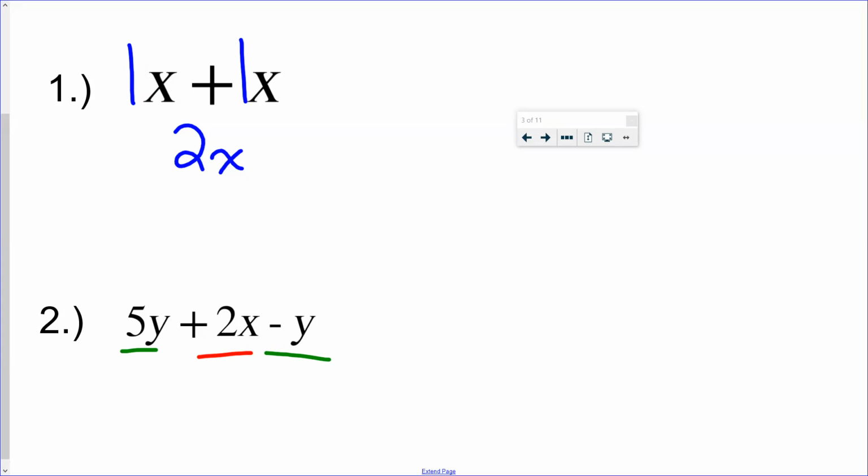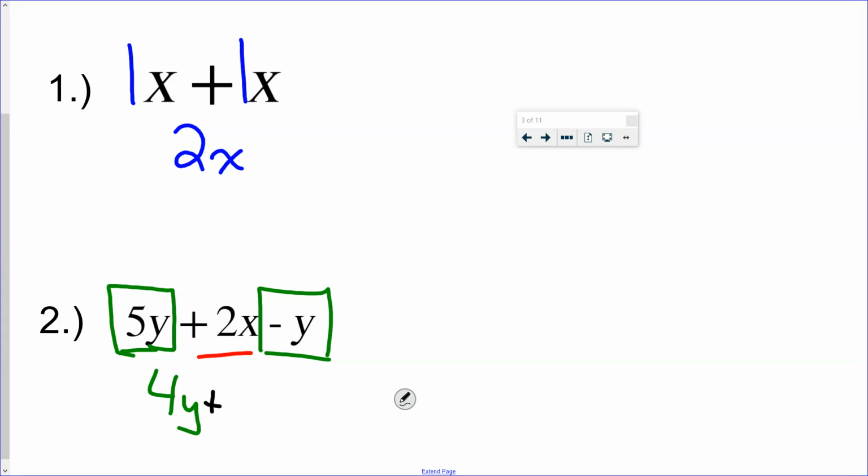What we're actually going to do is we're going to take this 5y. I'm going to draw a box around it, green box for a reason, and we're going to subtract y. Well, if we remember, that y has a 1 in front of it. So we have 5y minus 1y. And the reason we know we're doing 5y minus 1y is we use the operation in front of what we're working with. So 5y, take away 1, or 5 minus 1 is going to give us 4y.